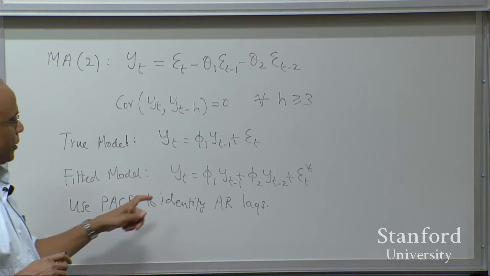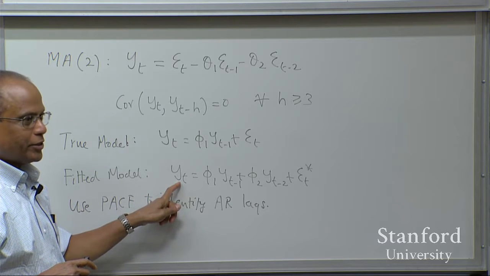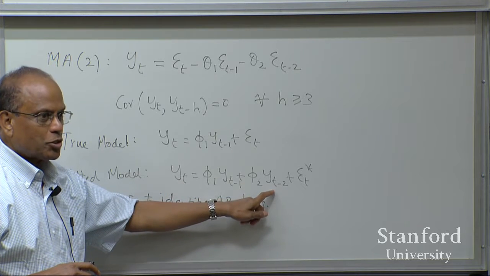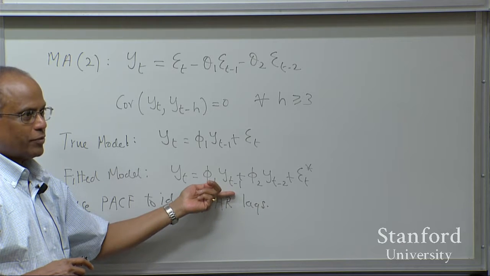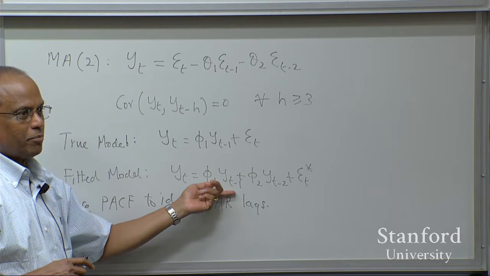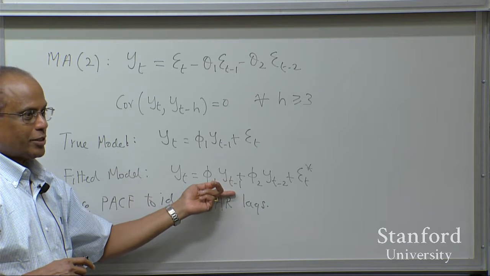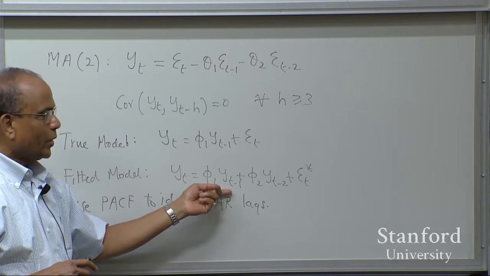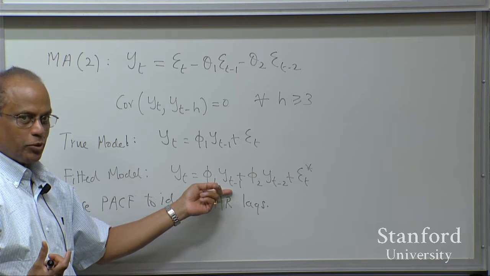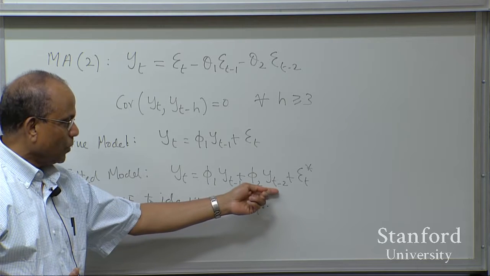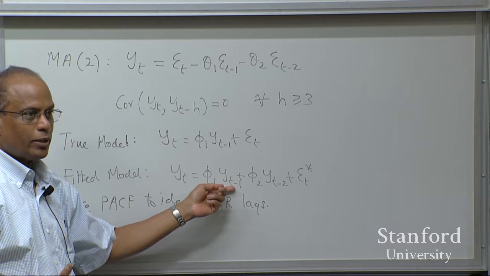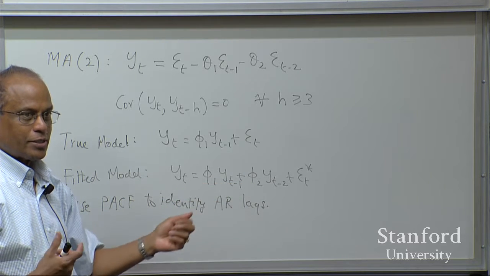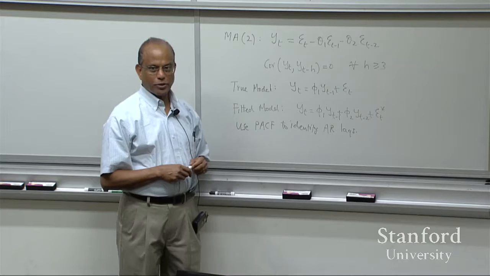It's nothing but looking at the correlation between t and t minus 2 after you account for the information coming from t minus 1. Okay. So essentially regress yt on yt minus 1, compute the residuals, regress yt minus 2 on yt minus 1, compute the residuals, see if there is any correlation between the two residuals.